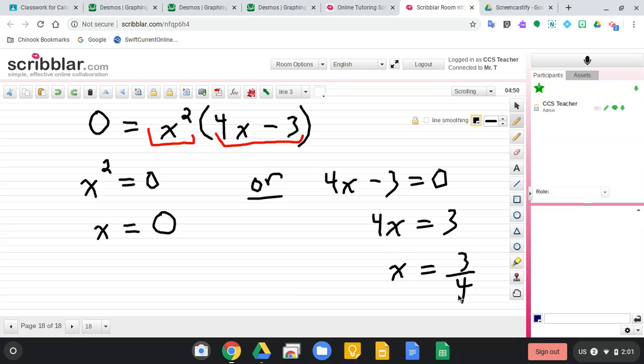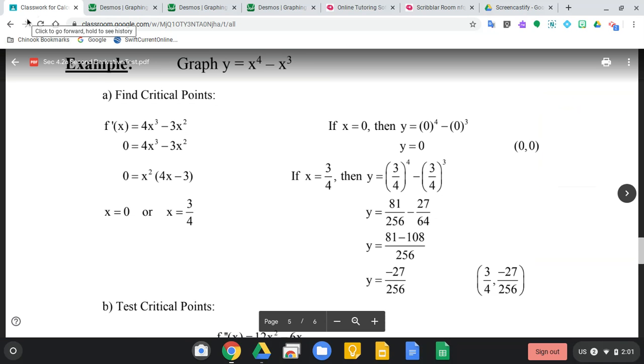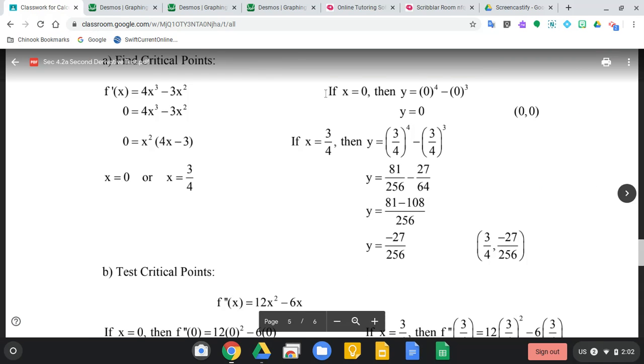So I have two possible critical points. And now what we need to do is find their y values. So I'm going to go back to my notes because, again, this is straight substitution. I am not going to work through this with you.